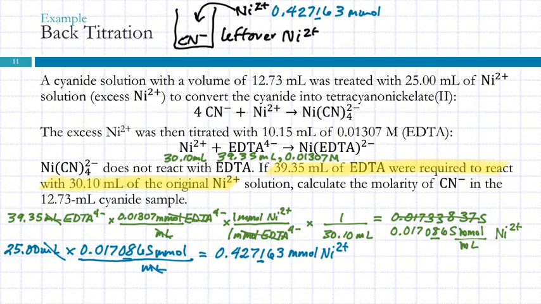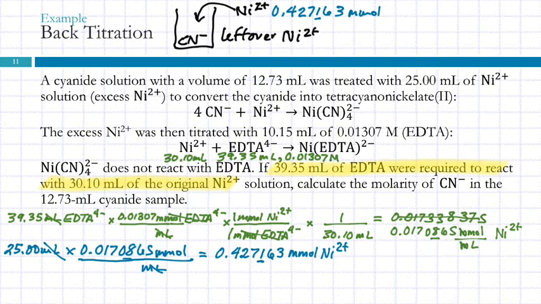We only have one quantity. We need to subtract the leftover nickel, but we first need to find out how much nickel was left over. So we could do that by taking the millimoles of nickel that we've just found, the 0.4271, subtract it from the 0.017.